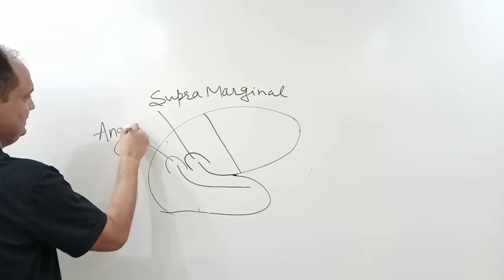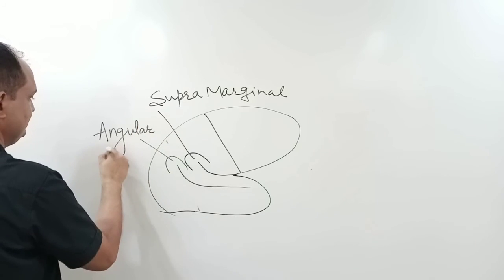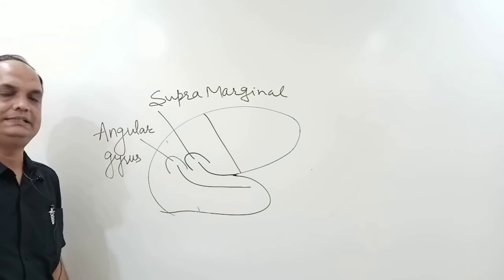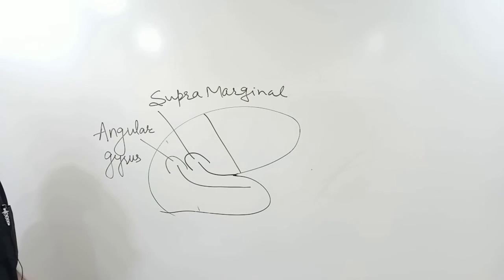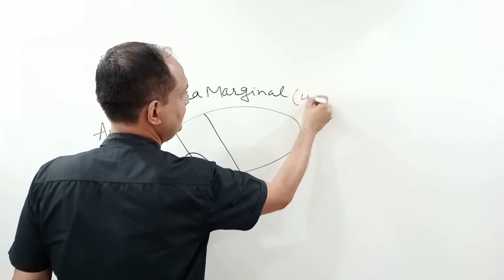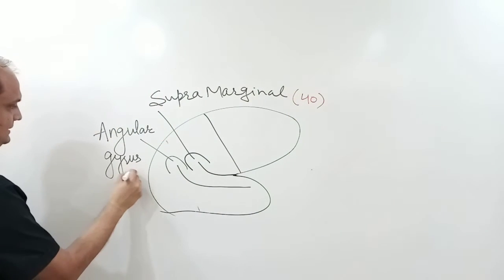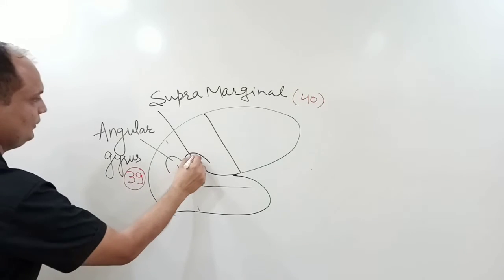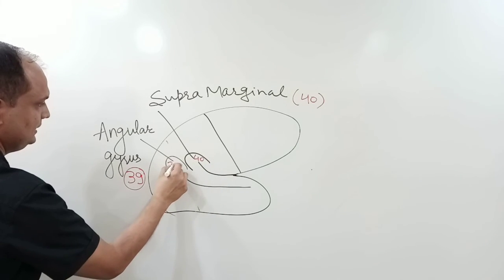These areas make up the sensory speech area or Wernicke's area. In Brodmann's classification, this is area number 40 and this is area 39.